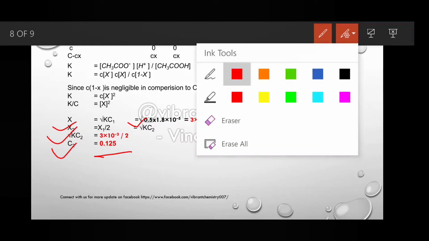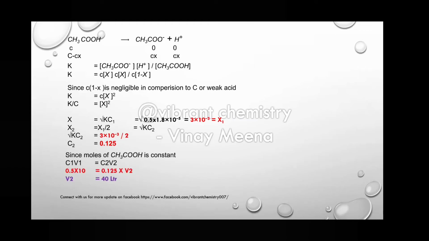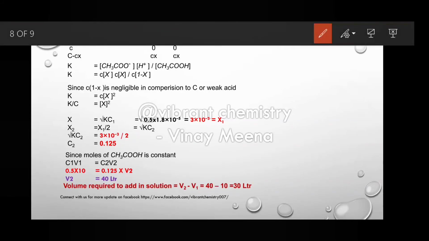Once the value of C2 is determined, we can calculate how much water needs to be added, that is, to what extent it should be diluted. Here, why was I using moles again and again in this question? Because although I am diluting the solution and its molarity changes, the number of moles is going to remain constant throughout the process.